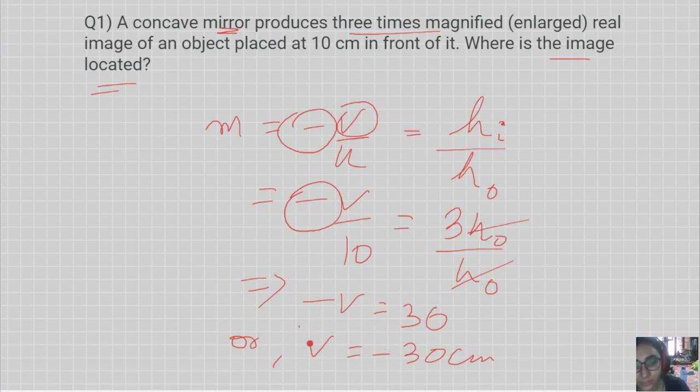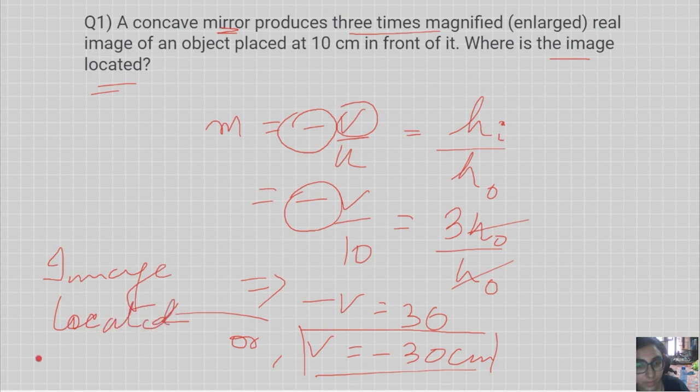So the image is basically located, v equals minus 30 centimeter, or you can write image located 30 centimeter in front of mirror, right? Or to the left.